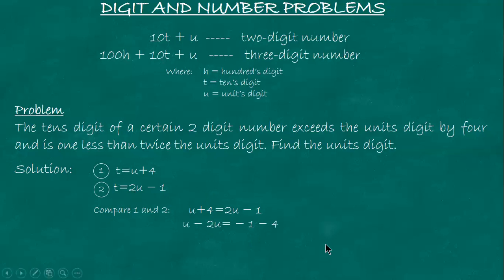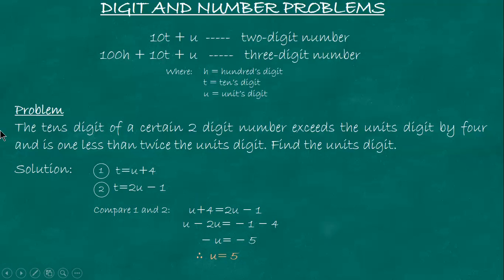Therefore, u equals 5, the units digit. So the tens digit is 9, and the number is 95.